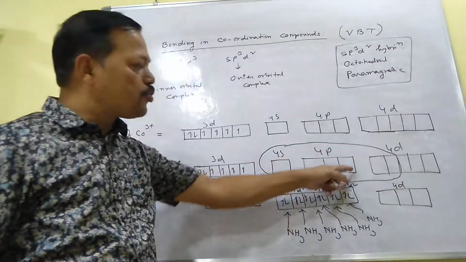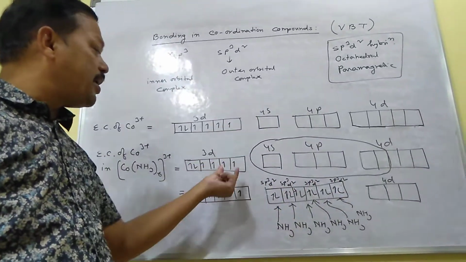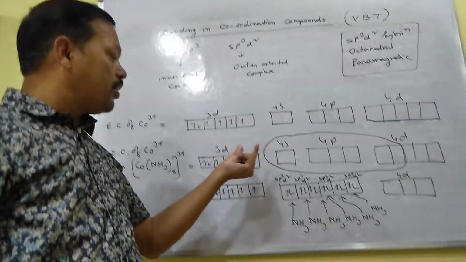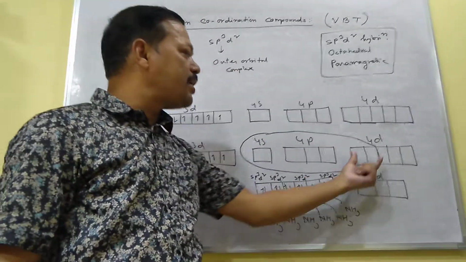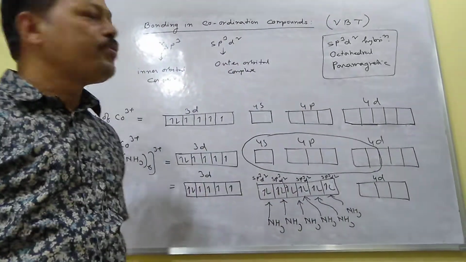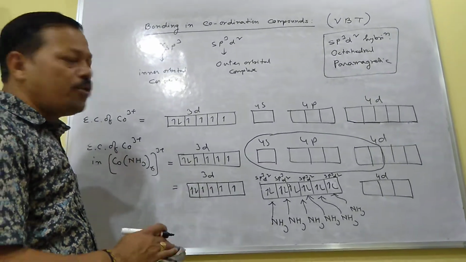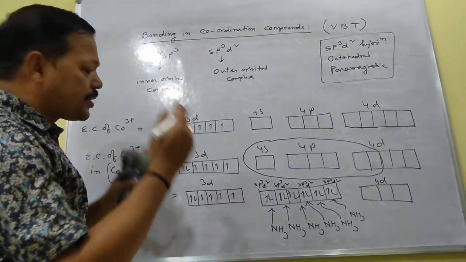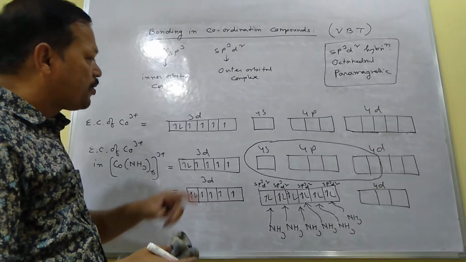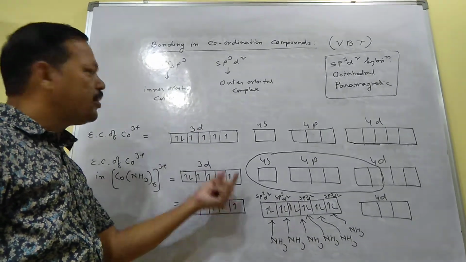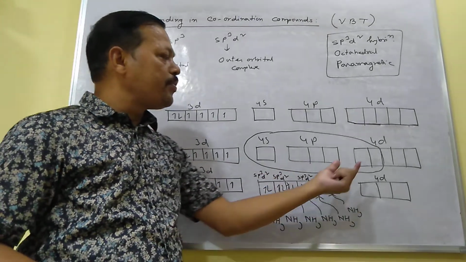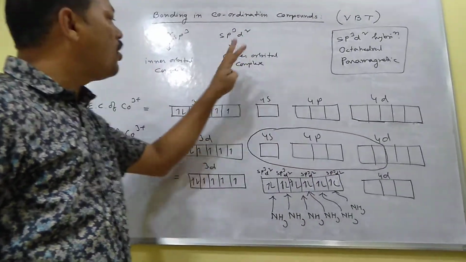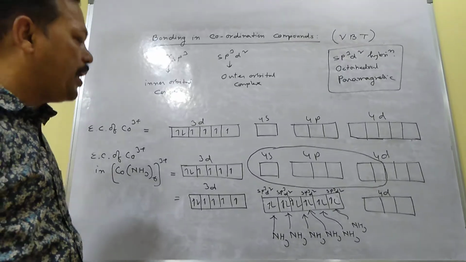Why? Then you have to show the hybridization this way. Since it involves the inner side orbital, it is called an inner orbital complex. And since in hybridization the outer orbital is considered, it is called an outer orbital complex. So if a hybridization involves inner d, it is called an inner orbital complex, and if it uses outer d in hybridization, then it is called an outer orbital complex.